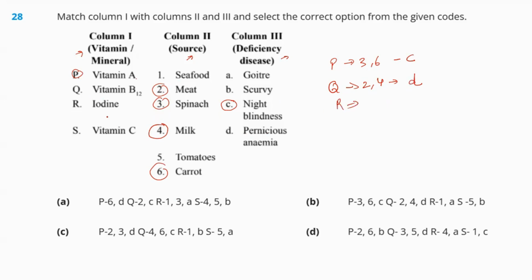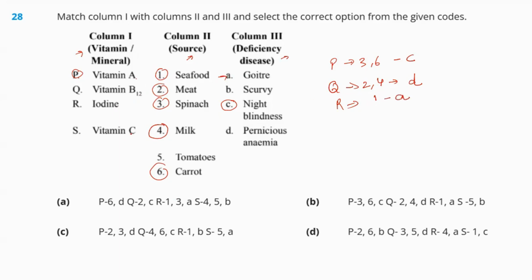PQR. R is iodine. What are the sources of iodine? Iodine sources are seafood, basically salt. So iodine we get from the seafood or from salt directly. And which disease will be there? Goiter. So I will write it as 1 and disease would be A.